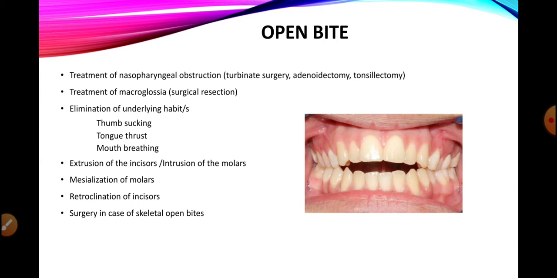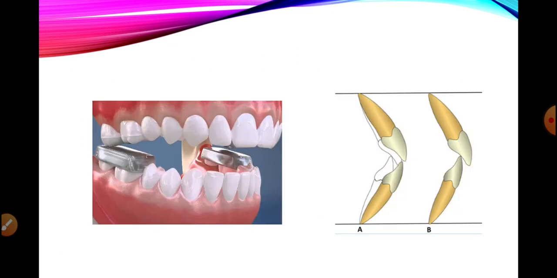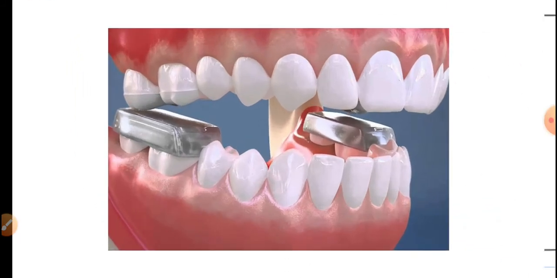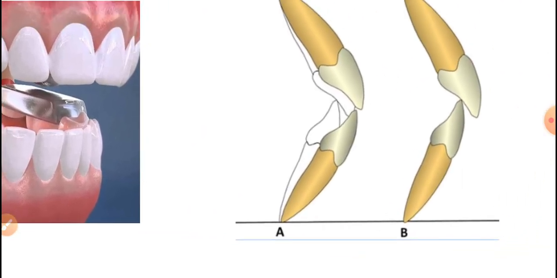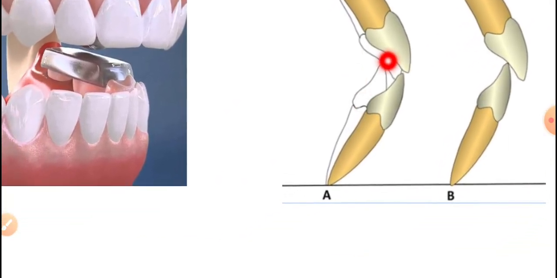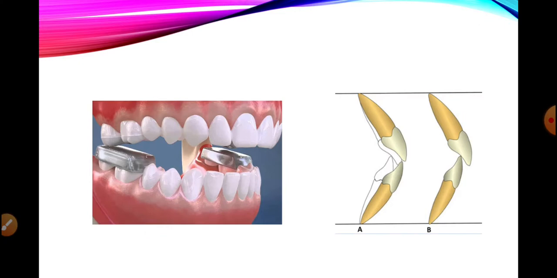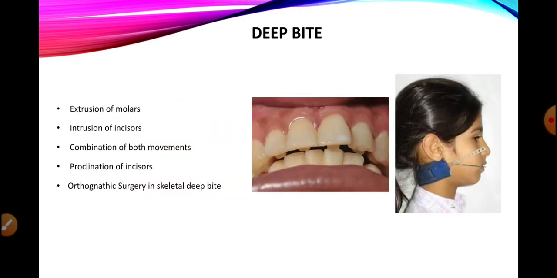And what else we can do is retrocline the incisors to achieve a good bite, or in severe cases we'll be going for surgeries. I'll not be going into the detail of these malocclusions as we have studied them earlier. What we can use is bite blocks for the intrusion of posterior teeth, or retroclination of the incisors to achieve a correct bite in case of open bite.